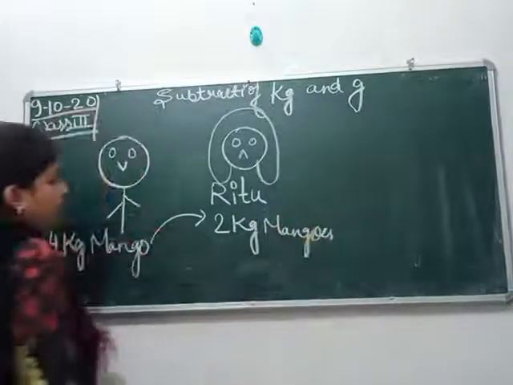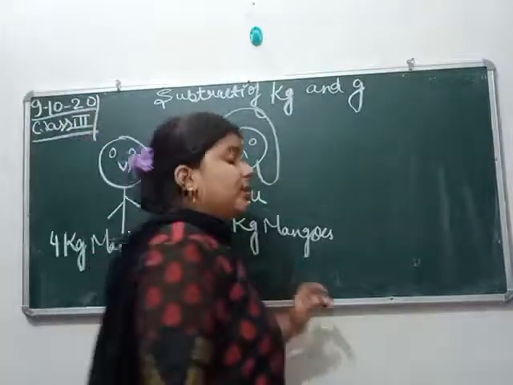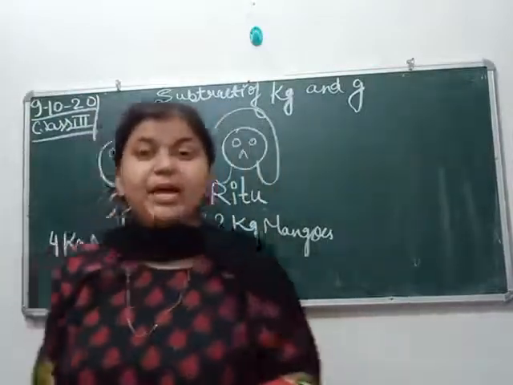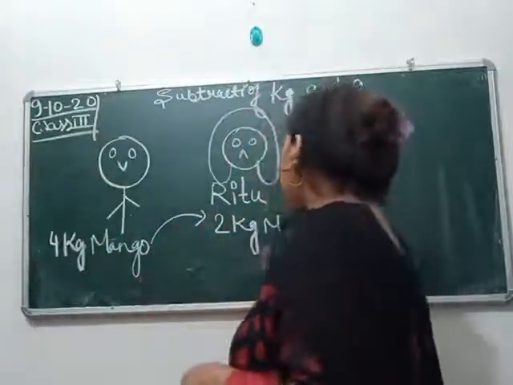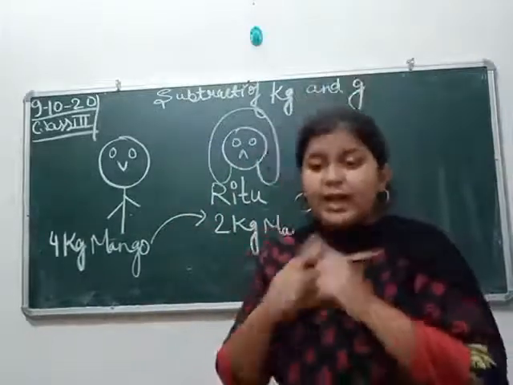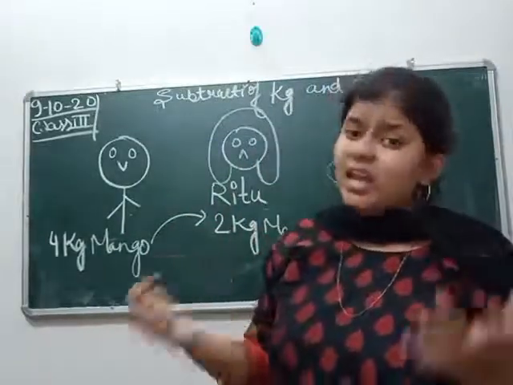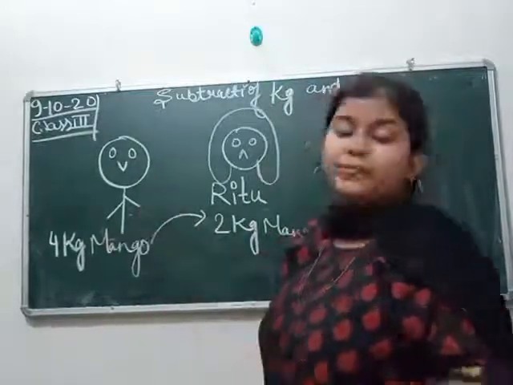Now, how much mango is left with Ram? Ram has 4 kg mango. He gave 2 kg mango to Ritu because she was sad, because she doesn't have any mango. So, now how much mango is left with Ram?